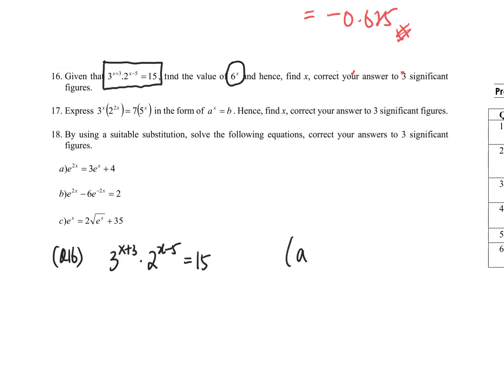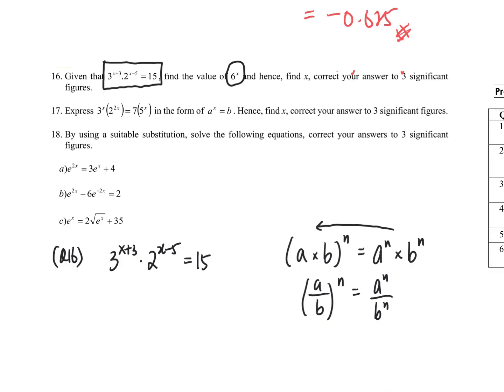So (ab)^n, I think we learned this in indices. It's a^n b^n. Both of them will get the same power. When it's division, they will also get the same power. But now we are looking at the reverse direction. If each of them have the same power, you can combine the base by multiplying them. So we do reverse. So now I need to make these two of the same power.